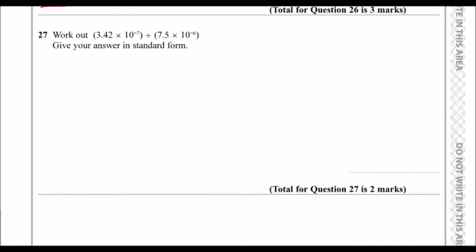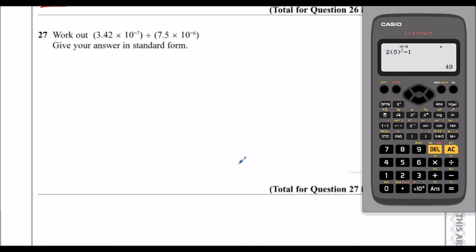Question 27. Work out 3.42 times 10 to the power of negative 7 divided by 7.5 times 10 to the power of negative 6. So I'm just going to type this in the calculator and see what I get out.